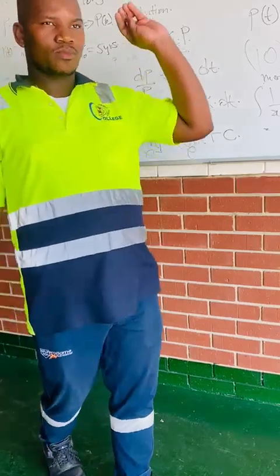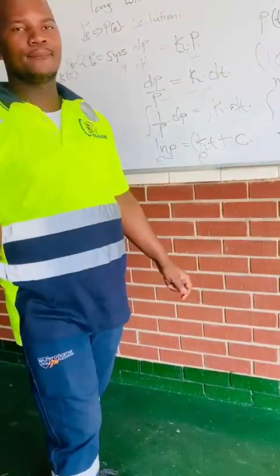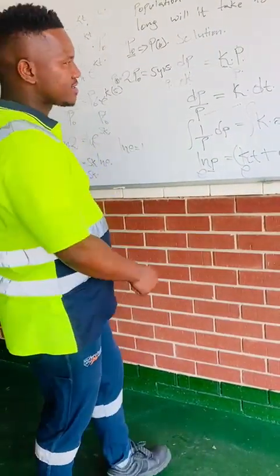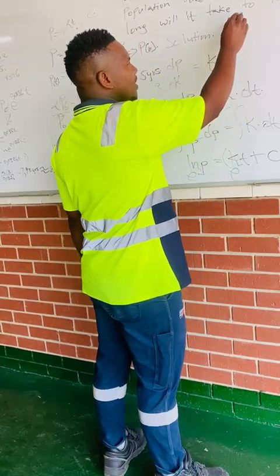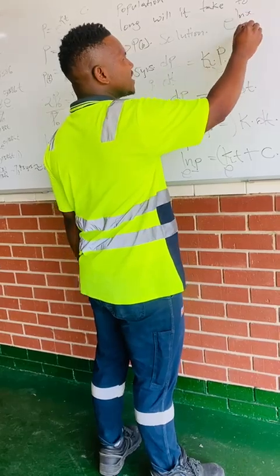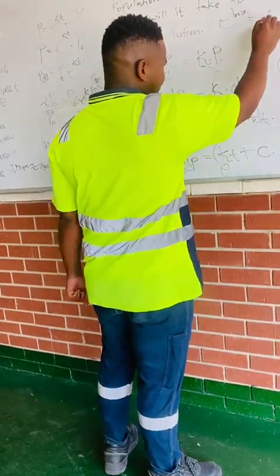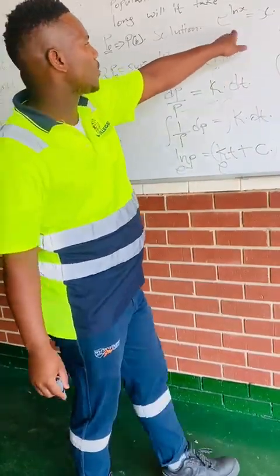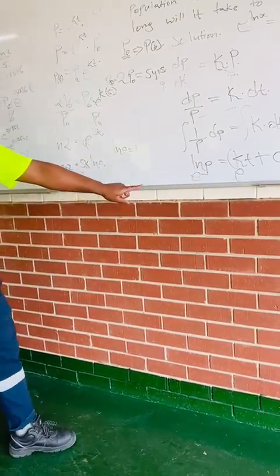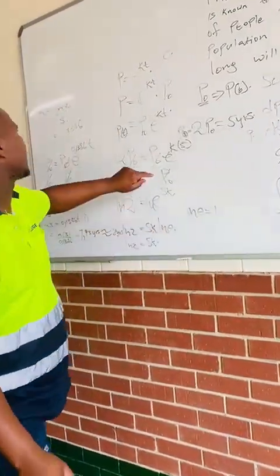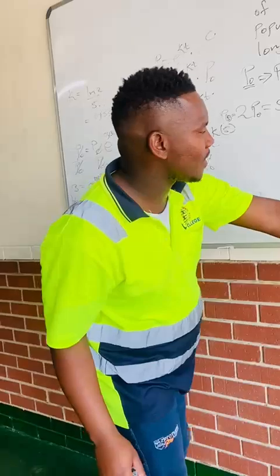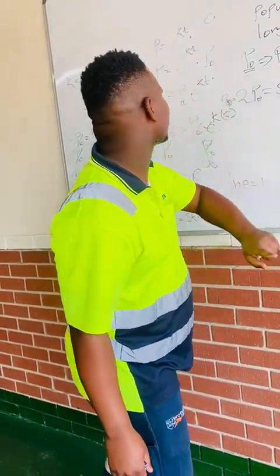Now, from our knowledge of the laws of logarithms, e to the power ln of x will be equal to x. That is the law of logarithms. This is what just happened here. e to the power ln P will be the same as P. Then therefore, e to the power kt plus c.